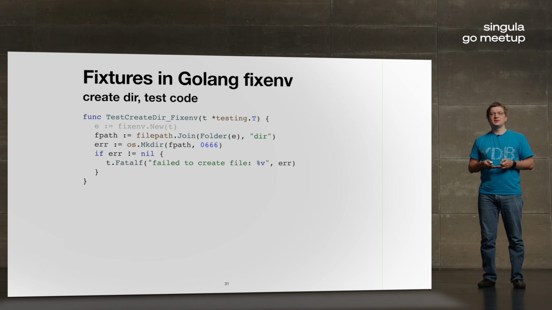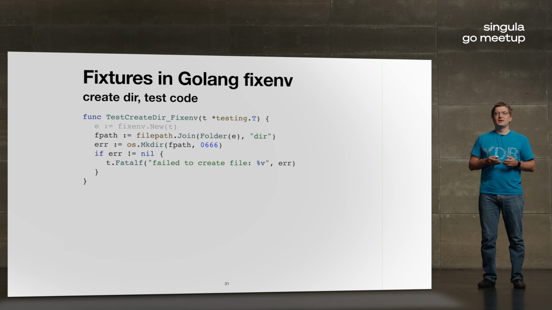The function folder is a fixture. When the fixture is called the first time, it will create a directory and return the path to the created directory. The path will be returned only if the directory was created successfully.